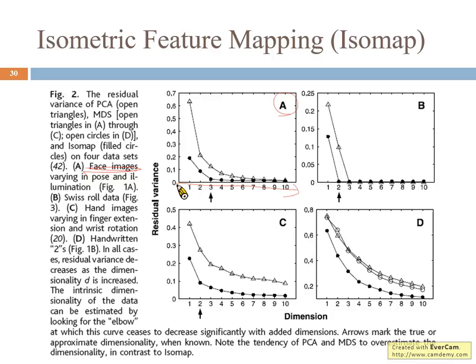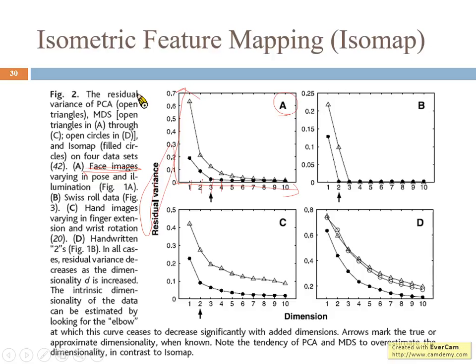So we map the high dimensional space to 1-dimensional, 2-dimensional, 3-dimensional, or 4-dimensional space. And the y-axis means the residual variance, that is actually the projection error. You can think about it that way.